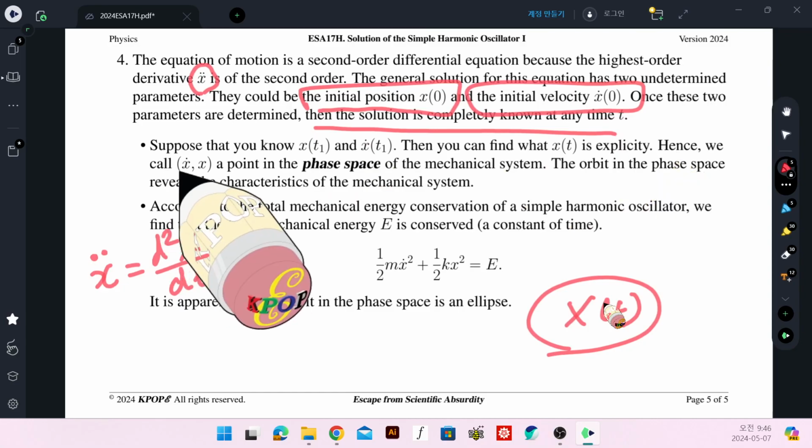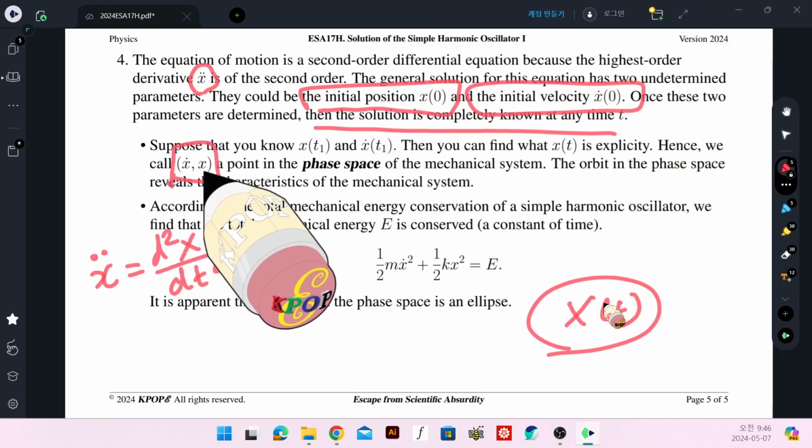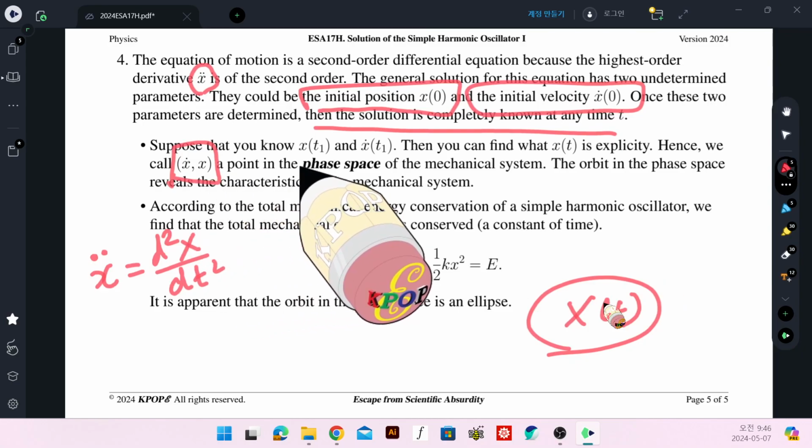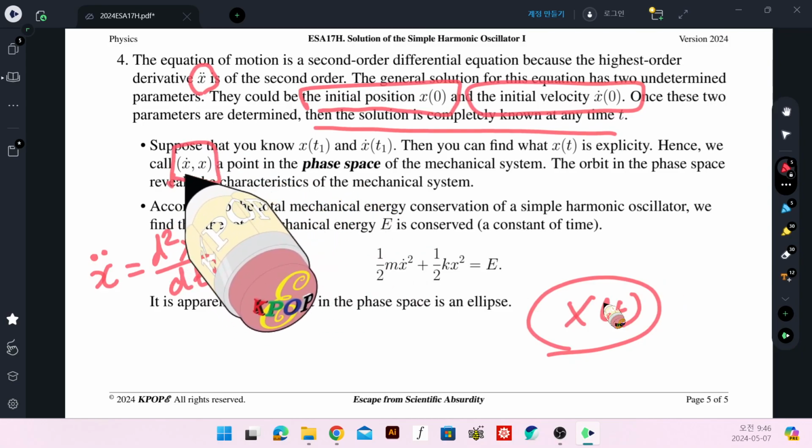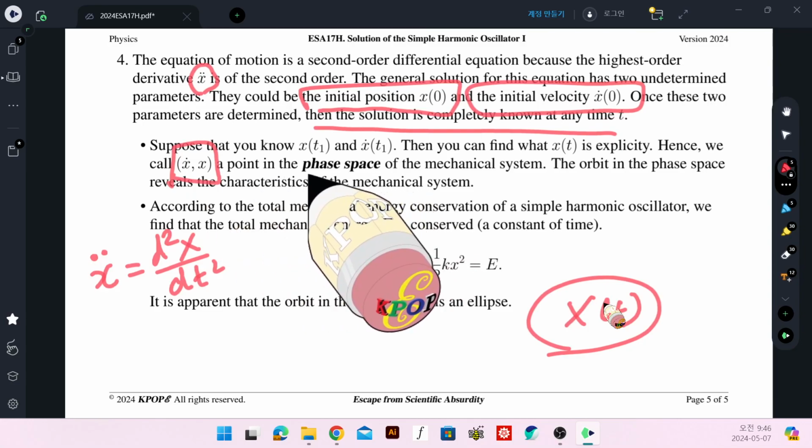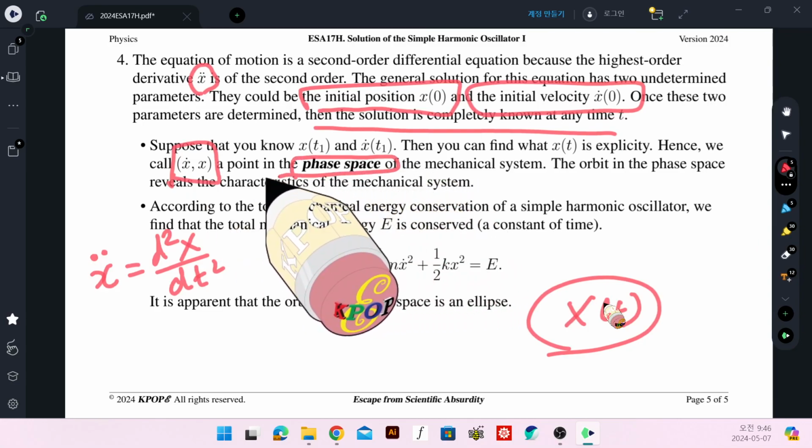We call a pair of numbers, a position and velocity, this ordered pair, phase space.